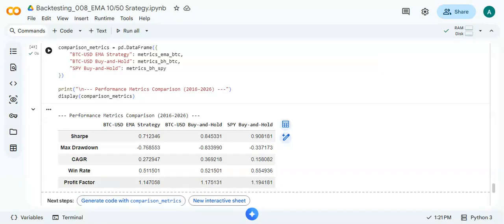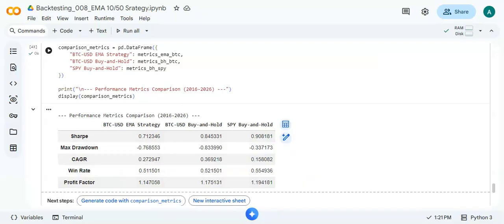So basically, the conclusion here is simple enough. If you want stability, and if you want more stable growth, you should consider just the S&P 500 buy and hold strategy.